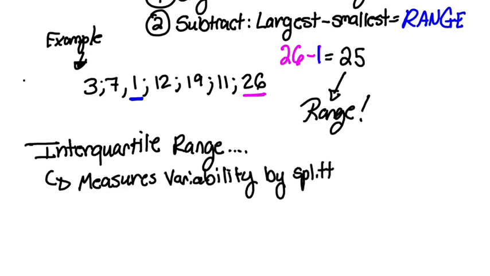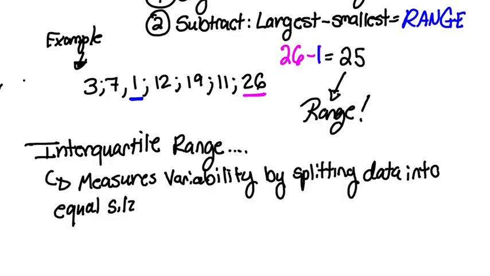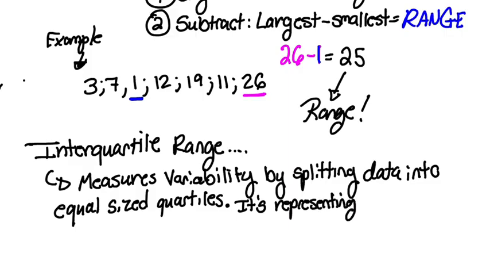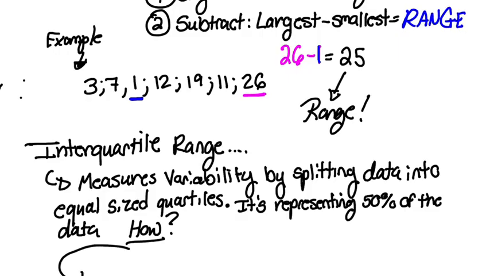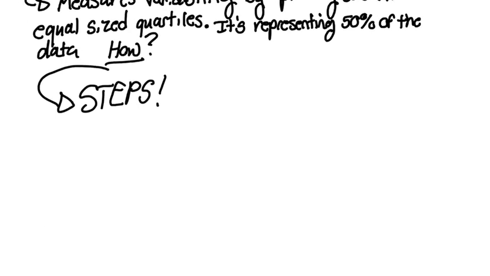Interquartile range, you're for sure going to have to order it from least to greatest, and it's just measures of variability where you're splitting up the data into some distinct sections. They're called quartiles, and you're seeing how far apart those quartiles are. Your goal is to have equal size quartiles also. So the steps will be listed as follows. The first thing you need to do is organize this stuff from least to greatest.